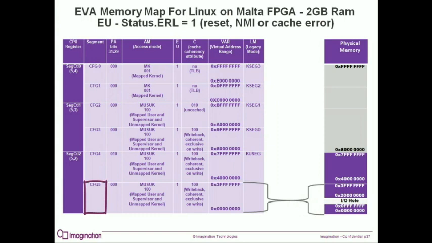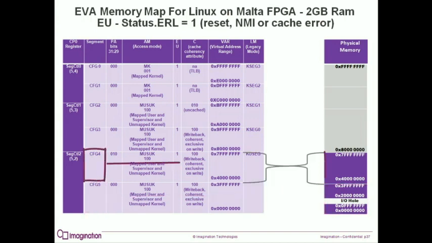Segment CFG5 is directly mapped to the lower 1 gigabyte of physical address space, which includes 3/4 of a gigabyte of RAM divided into 2 parts with the I/O space in between. Segment CFG4 is directly mapped to 1 gigabyte of physical RAM starting at 2 gigabytes.